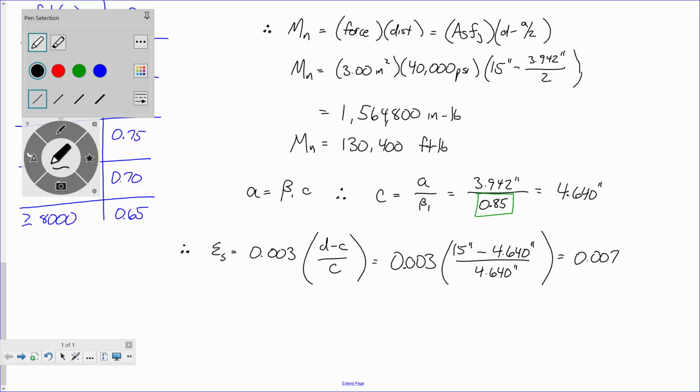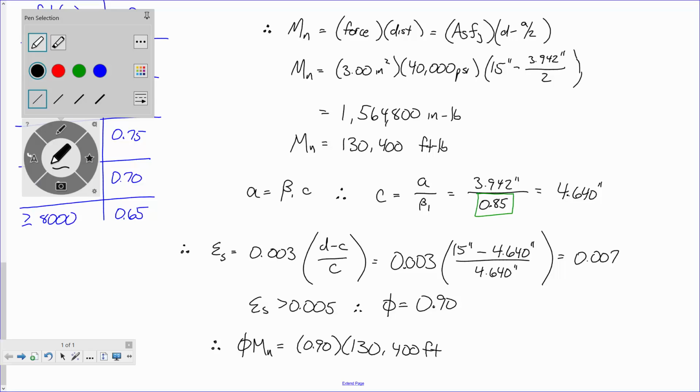So epsilon sub s is greater than 0.005. Therefore, phi is what? Phi is 0.90. And therefore, phi M n is 0.90 times 130,400 foot-pounds, right?